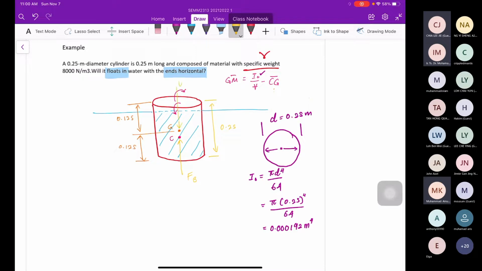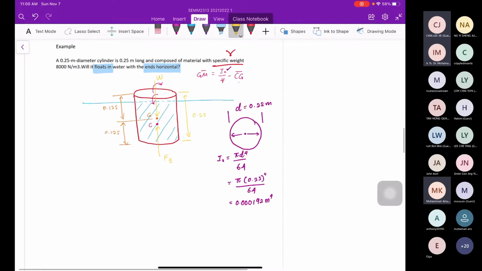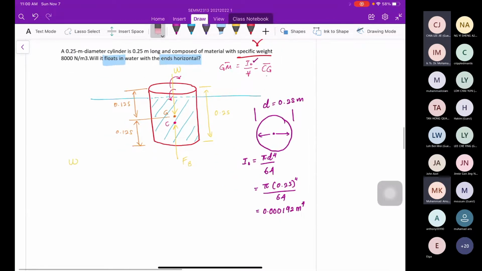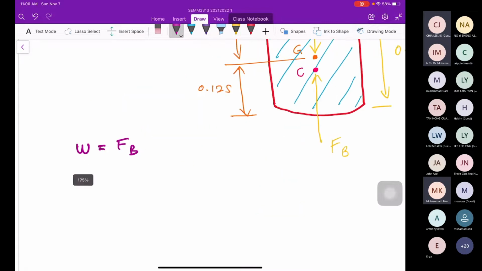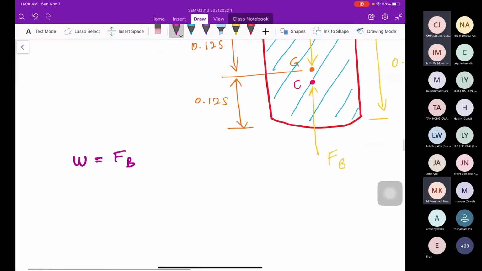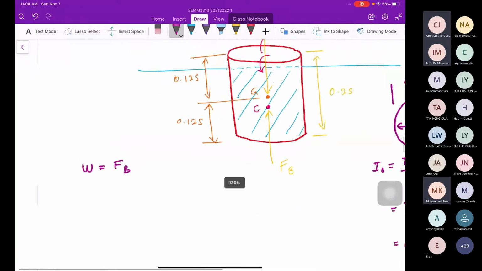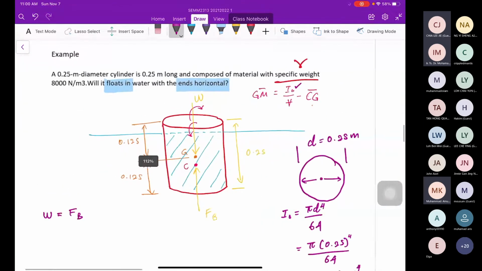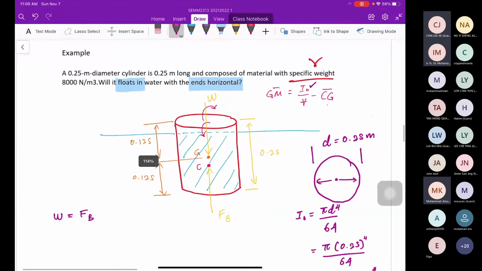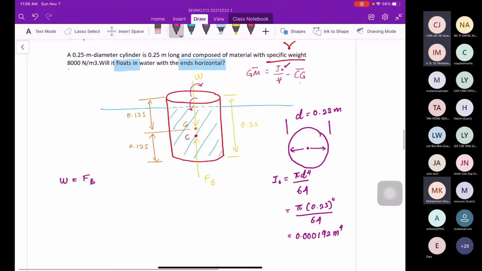We have the weight. So you can see the weight of this cylinder is equal to FB, right? So is the weight given or not? The weight of this cylinder is not given, but the given one is the gamma.